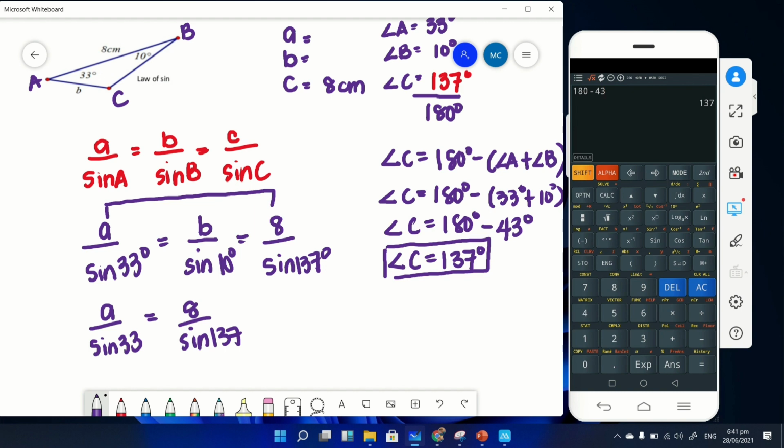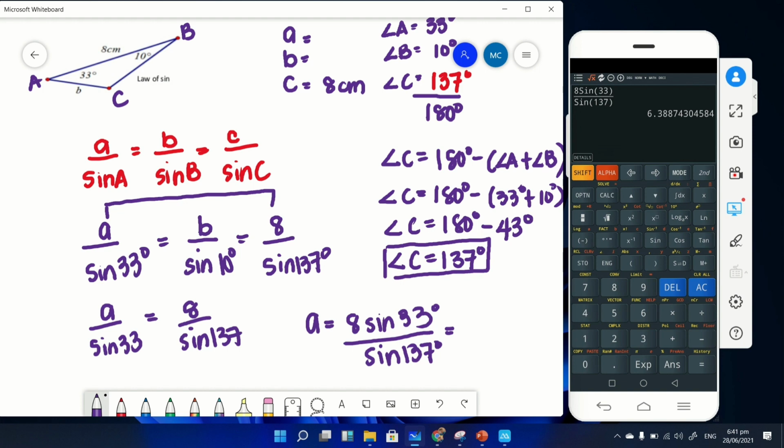Okay? So apply natin yung cross product. We now have A is equal to 8 sine 33 all over sine 137 degrees. Okay? Using our scientific calculator, so makukuha natin yung sukat ng ating side A. So that is 8 sine 33 all over sine 137.